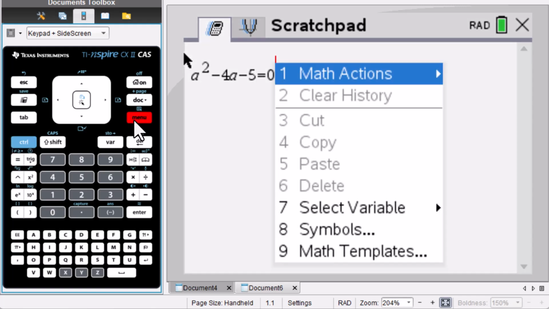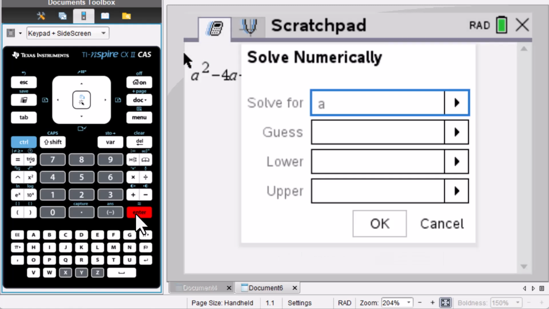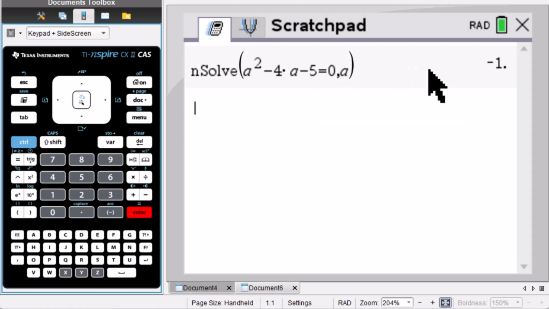Control menu, enter, enter, enter. You only get -1 as the solution. But if we use polyroots, we can get two solutions. A squared minus 4a minus 5.